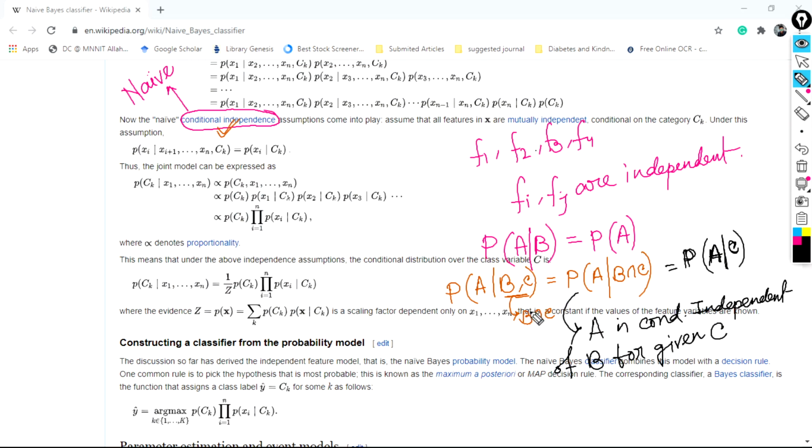I think now it is clear what conditional independence is.